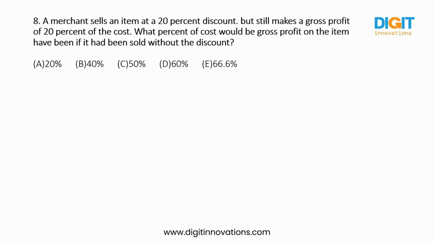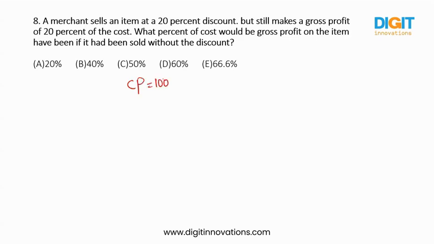That means he bought it for some X rupees and marked it at something more than the cost price. Because of that, after giving the 20% discount, he also got a profit of 20%. What would the total profit be if he doesn't give the discount? That is what they're asking. So let us think of cost price as 100.